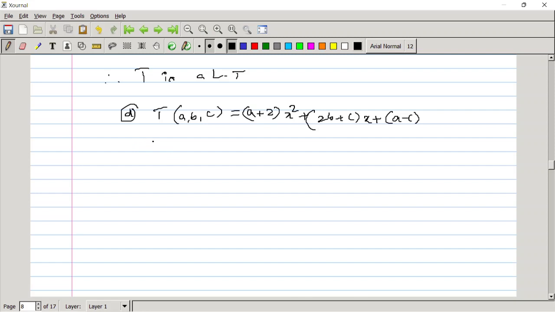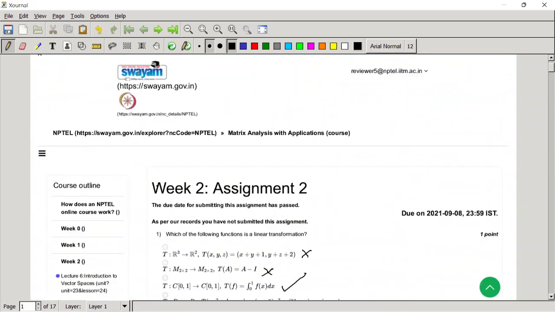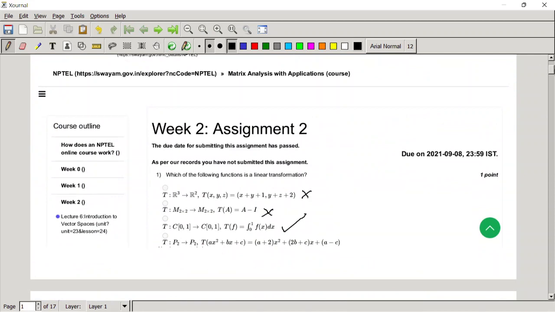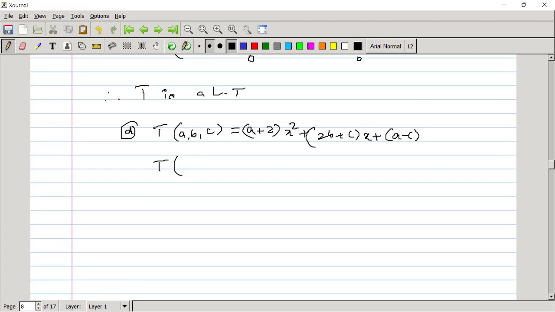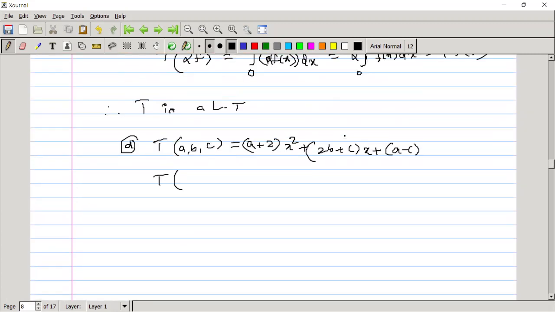So to check whether this is a linear transformation, we'll check here whether T of 1 plus T of x equals T of 1 plus x or not.